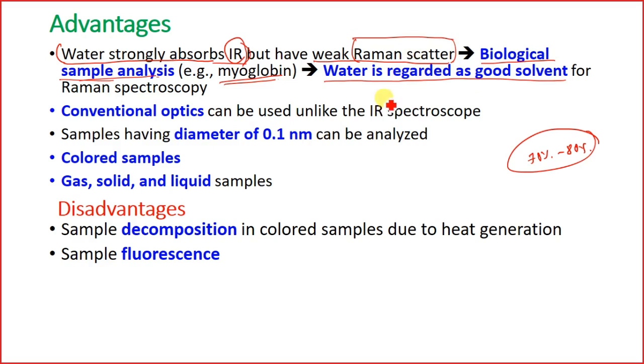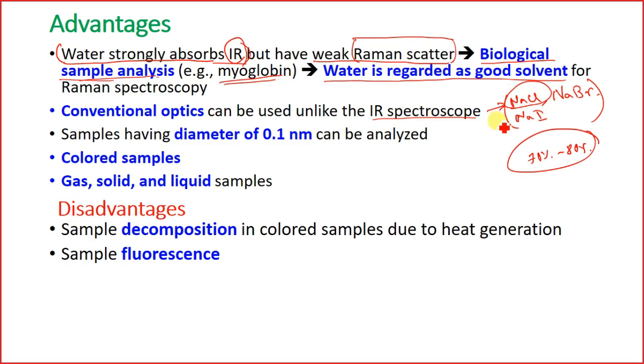Then in IR spectroscopy, we have to use specialized sodium chloride, sodium bromide or sodium iodide optics. Usually sodium chloride optics are used because they are quite easily available. These optics are used for making the IR spectroscope elements.